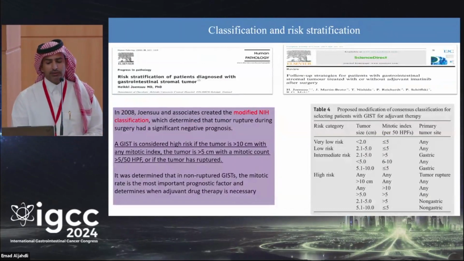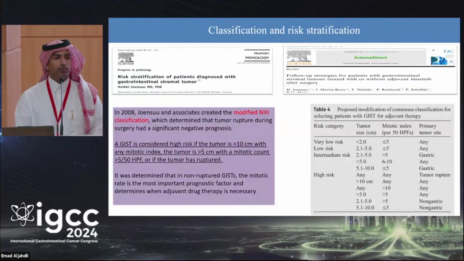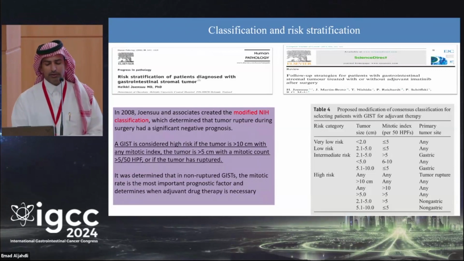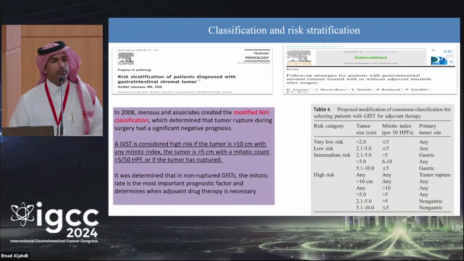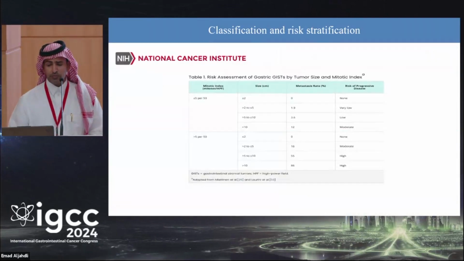Around 2008, Joensuu and his colleagues modified the NIH score, and they added whether the tumor ruptured during surgery or before surgery, as another independent prognostic factor. They concluded that mitotic figure, non-gastric location, and rupture are the most important prognostic factors.